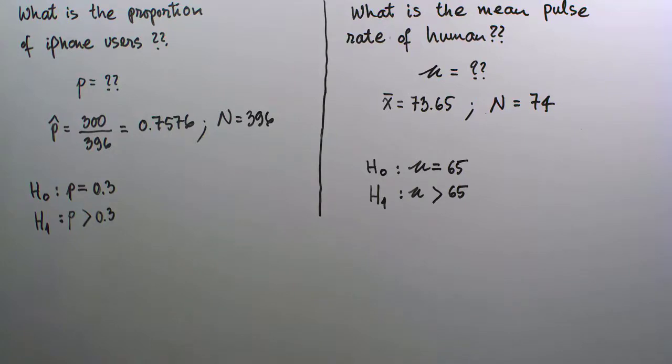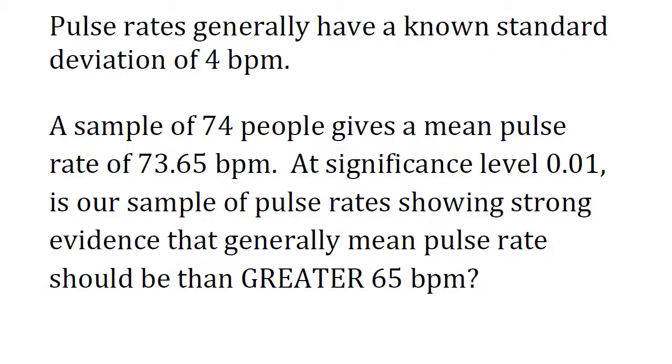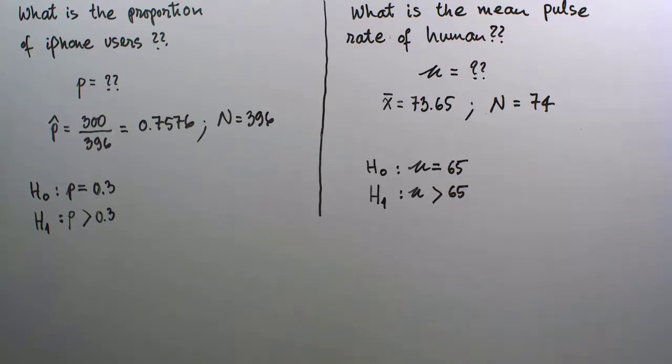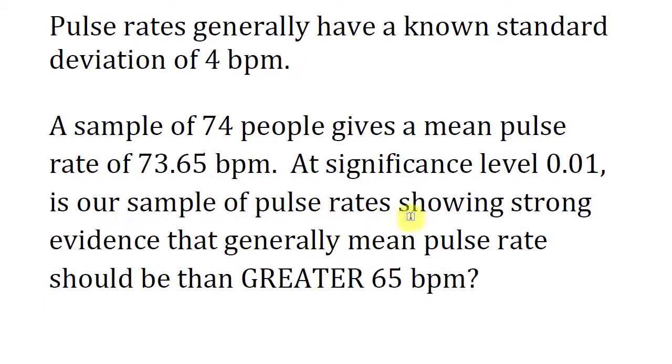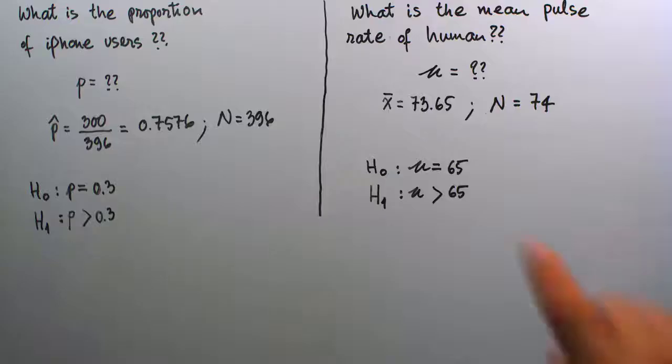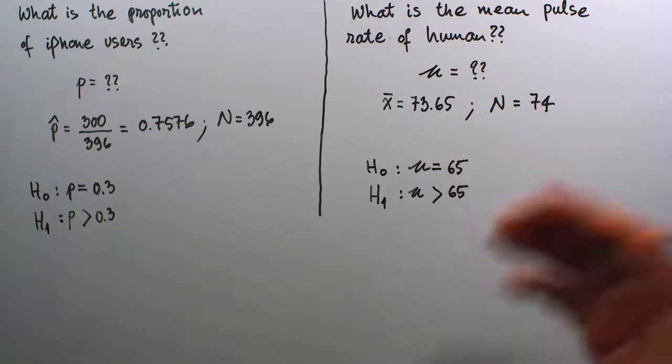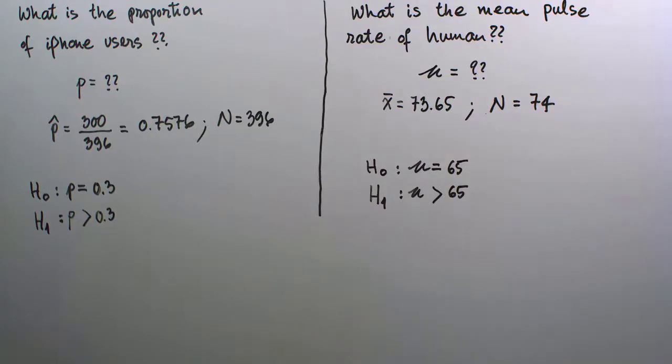Or in the other problem about looking at our sample as evidence to prove against a mean pulse rate of humans being 65, why was the question saying, is our sample pulse rate showing strong evidence? I mean, we already had the evidence being 73.65, but why do we want to say strong evidence? What does that mean?